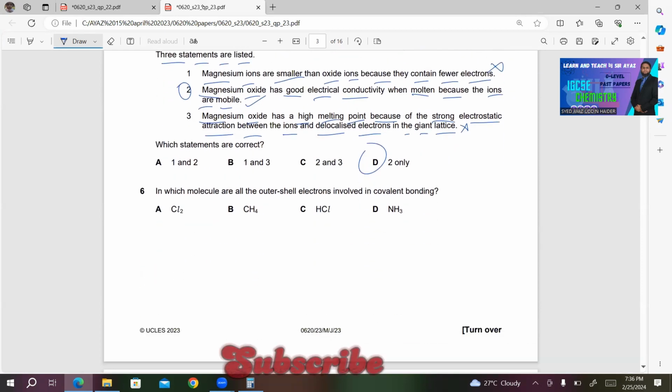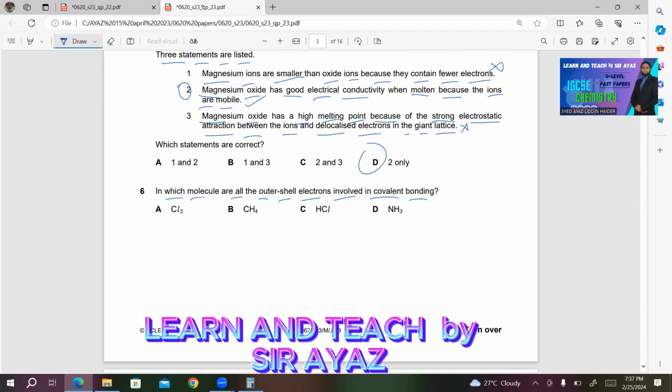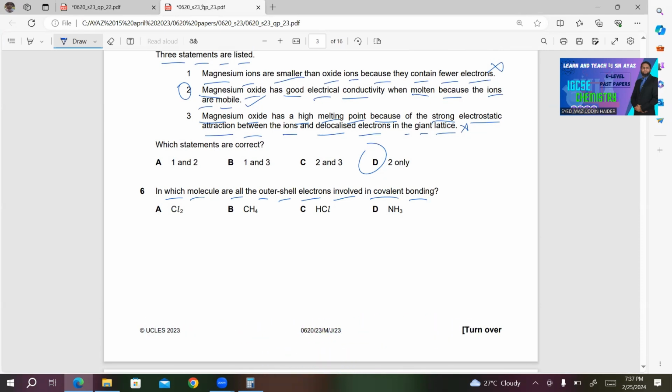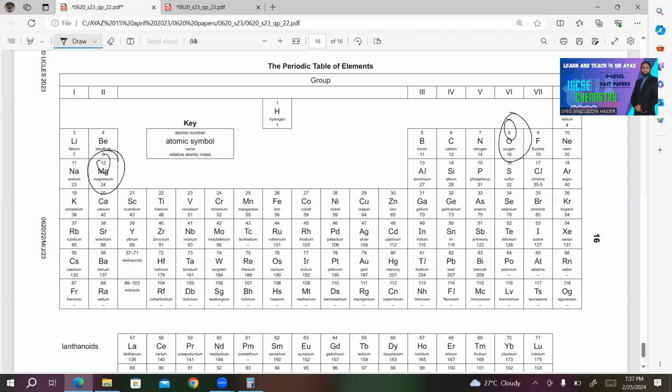Let's move to the next question. Number 6, in which molecule are all the outer shell electrons involved in covalent bonding? Now I'm showing the electrons involved in the covalent bonding so that we can easily decide in which molecule all the outer shell electrons are involved. For Cl, if you look at the position of Cl, it's in group 7.